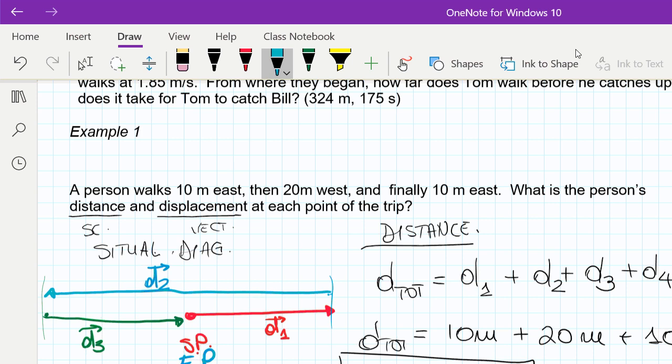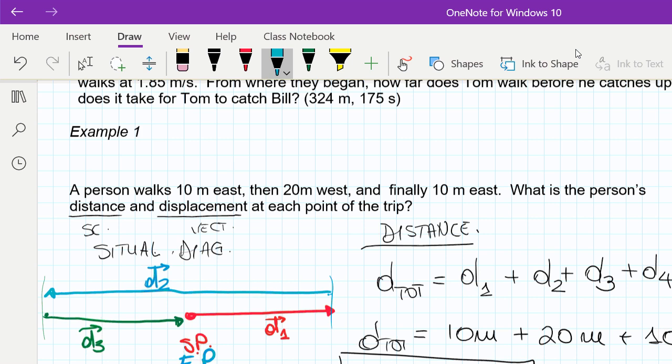Is it positive? So positive 10 plus 20 meters going west. Is it positive or is it negative? Negative. Negative 20 plus 10 meters going east. Is it positive or negative? Positive 10.